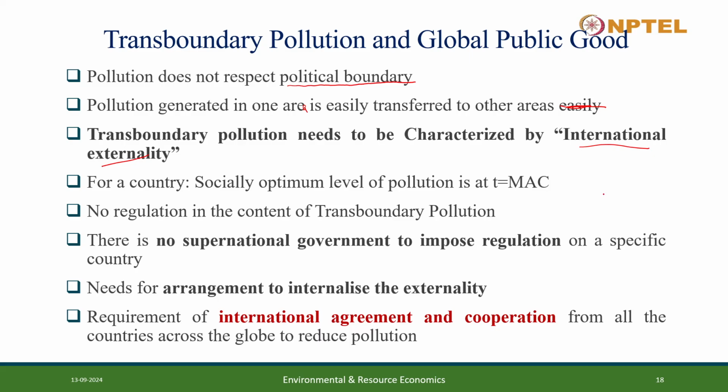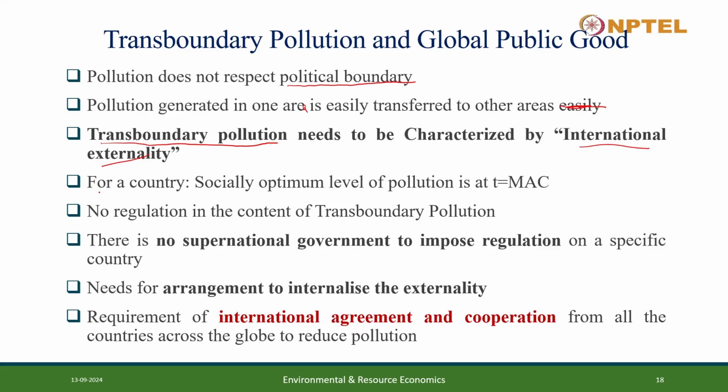Let's say that India is producing a certain amount of CO2. Because of India's emission of CO2, not only India, but Nepal, Bangladesh, Bhutan, all these countries are being affected. This kind of pollution is termed transboundary pollution, where the pollution does not follow the political boundary.